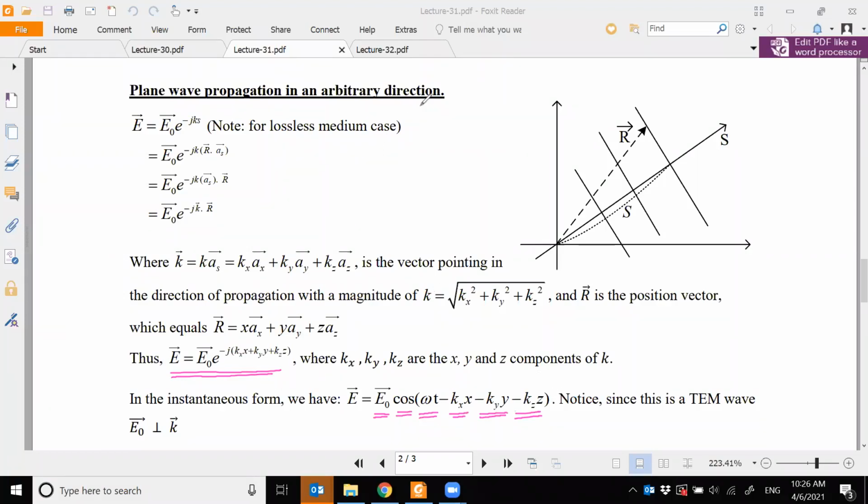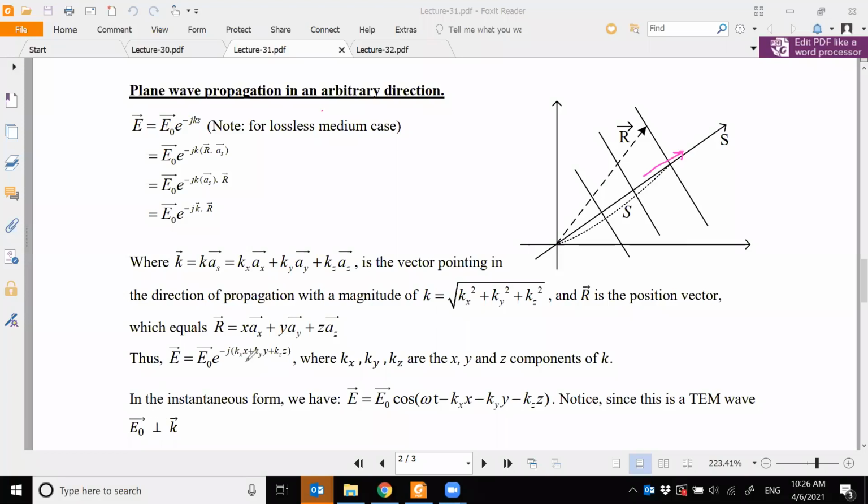Remember one very important thing. This is the propagation constant, the k vector, and this k vector is along an arbitrary direction. So my k dot r represents this direction.